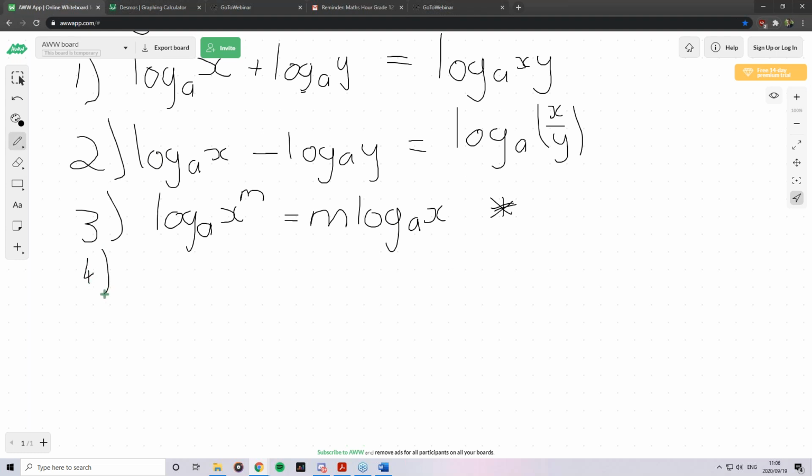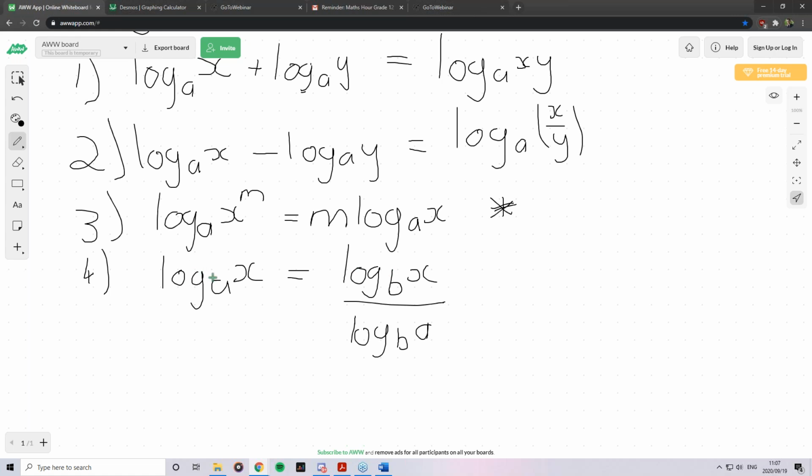For the fourth one, log base a of x is equal to, this is known as the change of base log law, log base b of x over log base b of a. Now, I can choose any b for this to work. Usually we just use 10 because 10 is just the generic default log.